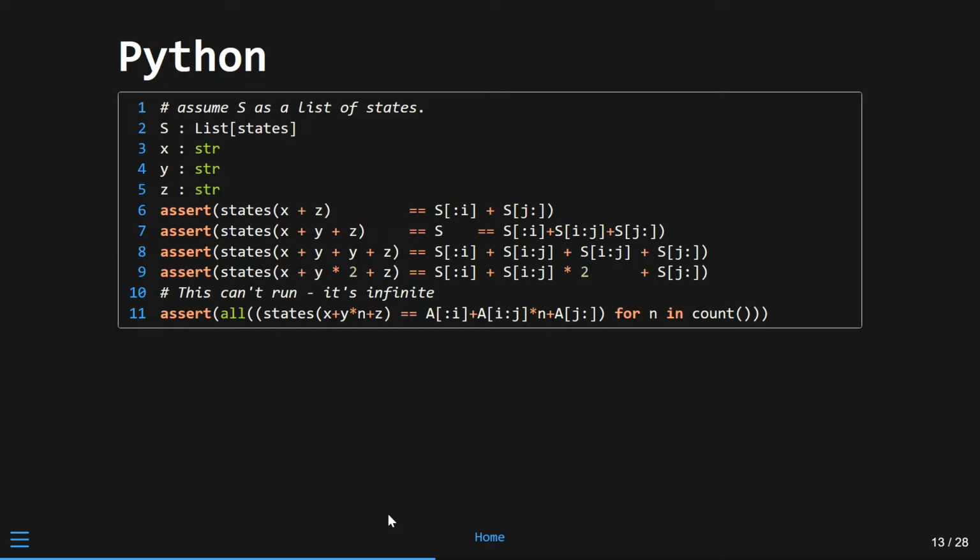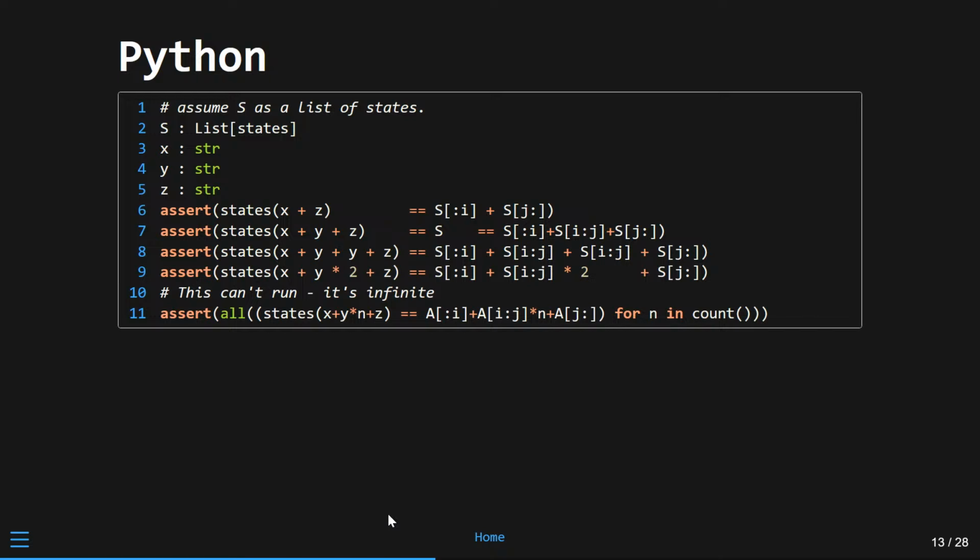This might look easier in Python. I have some list of states. I cut at i and I extend to j. I should have an additional invariant here, perhaps for clarity, that i is strictly less than j, and it's less than j by some relevant amount.